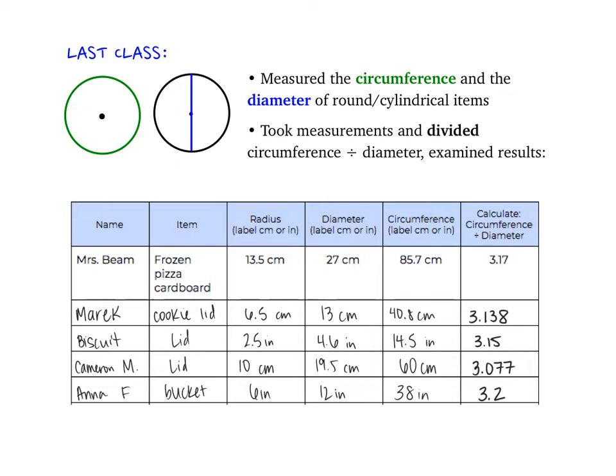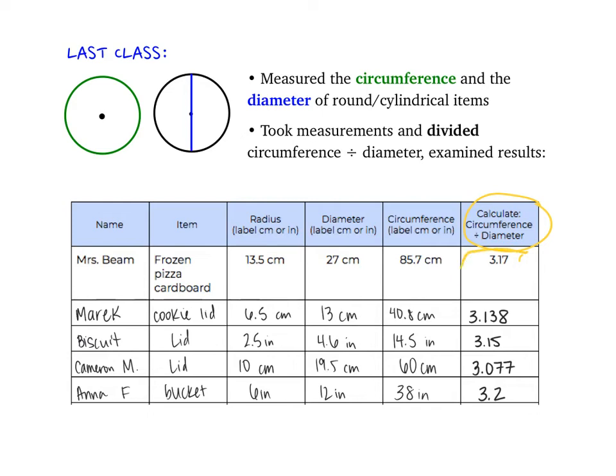If you look, Mark did a cookie lid, and when he did circumference divided by diameter, he got 3.138. Biscuit got 3.15. Cameron got 3.077, and Anna got 3.2. And if you take a look at that doc, a lot of these numbers are super close together, and they're all kind of in that 3-point-something range.